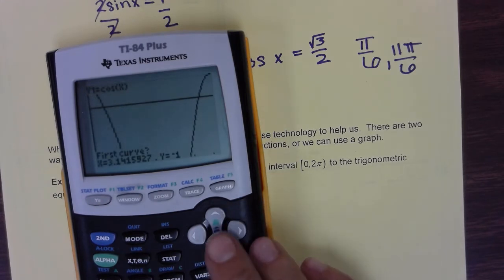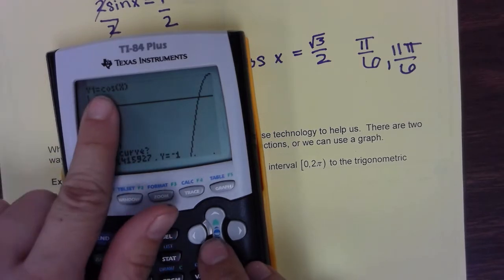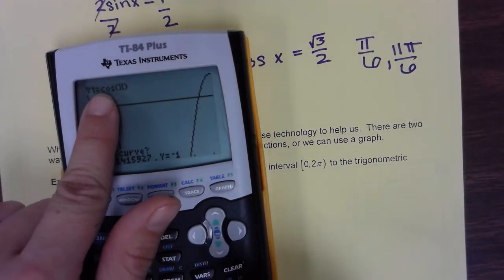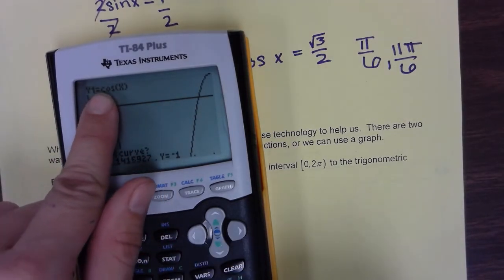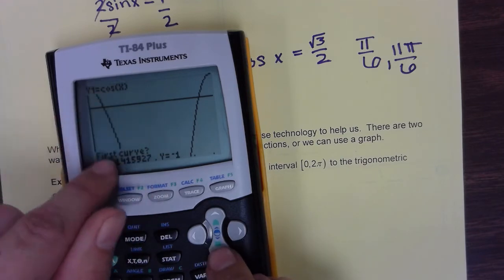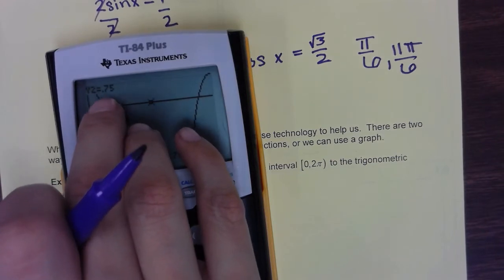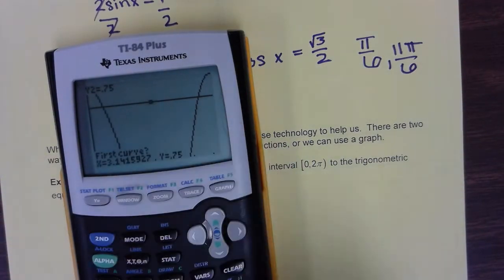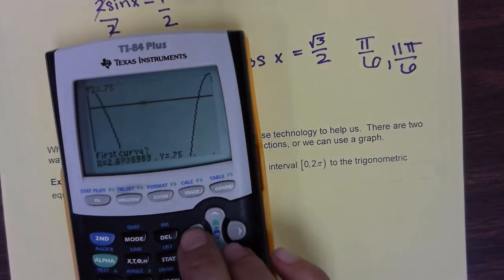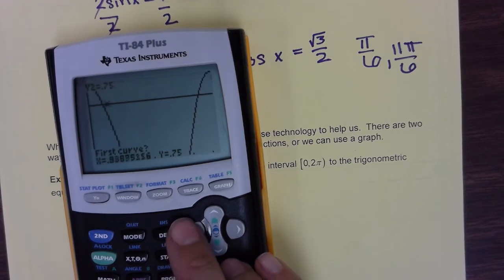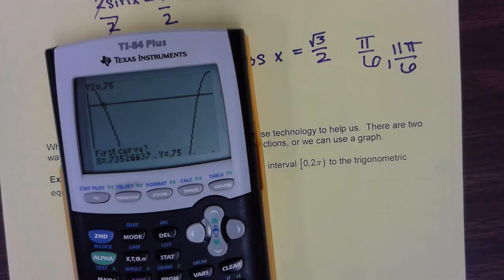Now I'm going to press the down button, because as you can see, it says y1. So that little flashing dot is going to follow cosine, but that's a little hard when it goes everywhere. So I'm going to change it to where it says the 0.75, and there's the flashy dot. I need to get it close to the intersection, and then I press enter 3 times.